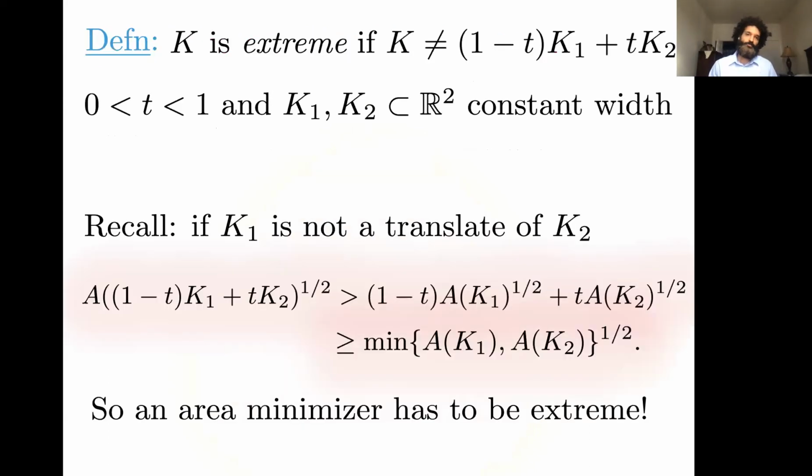All right, the first thing that we might want to know is, what are the extreme points? Okay, this is relevant because I just argued for you that the area, or the square root of the area, is concave, and strictly concave in a sense. And so it makes sense for us to identify which sets are extreme.